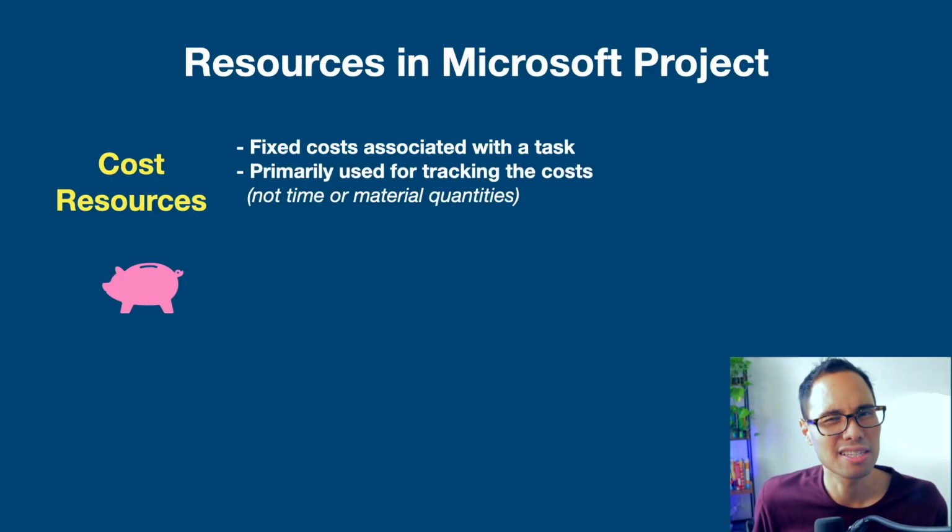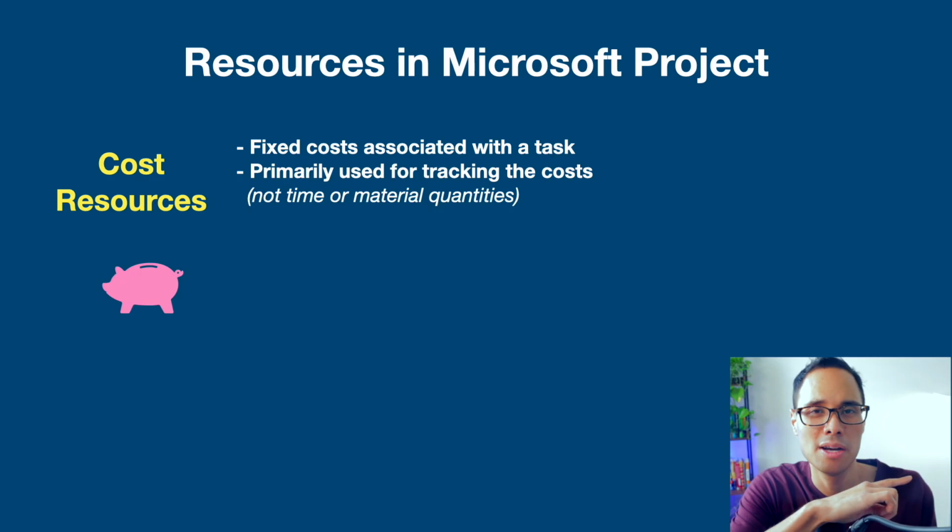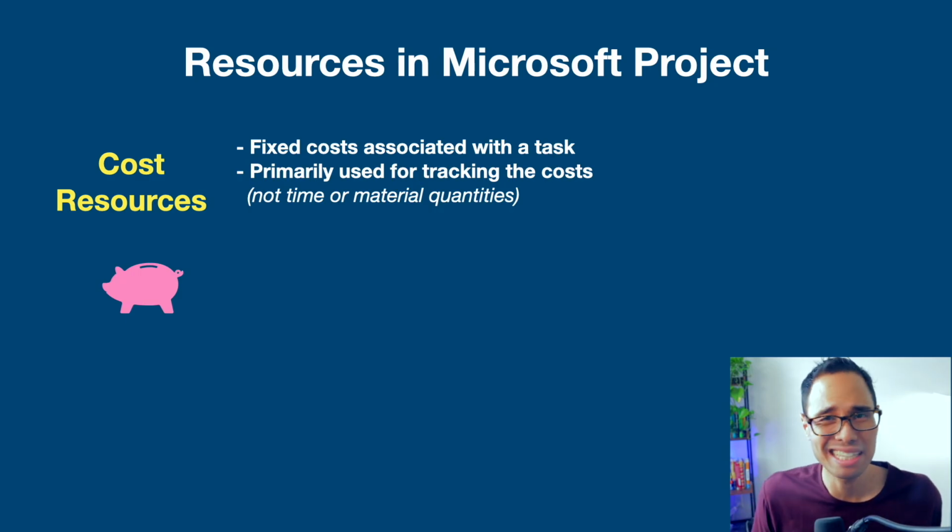And the third resource type is what's known as a cost resource. This is a fixed cost that is associated with a task. Unlike work resources or material resources like we talked about earlier, with a cost resource, you only need to track the costs, not the time or the quantities of material associated with it. You use cost resources to track one-time expenses or fixed costs that are associated with the task.